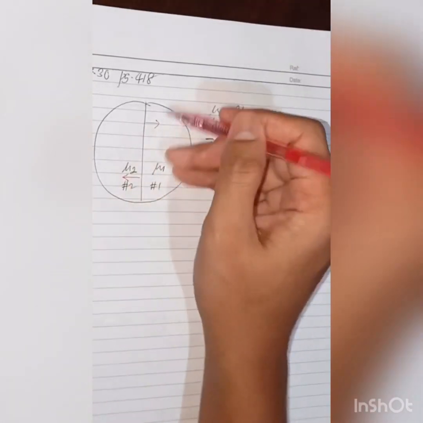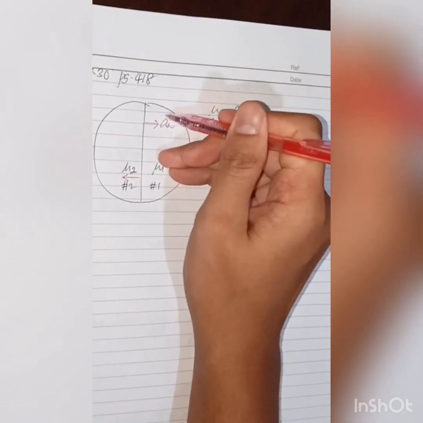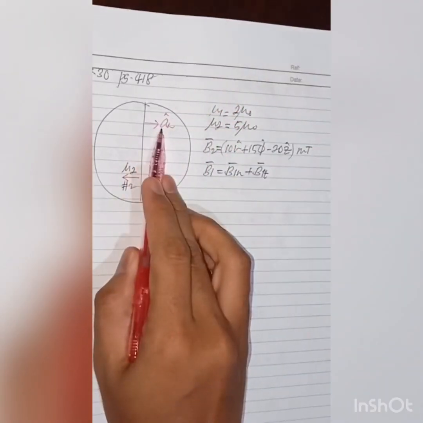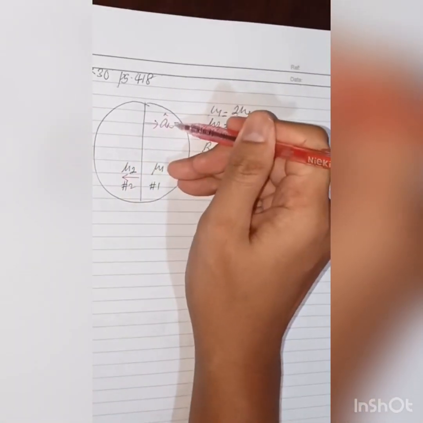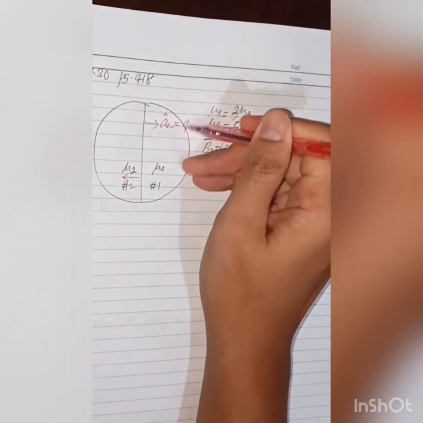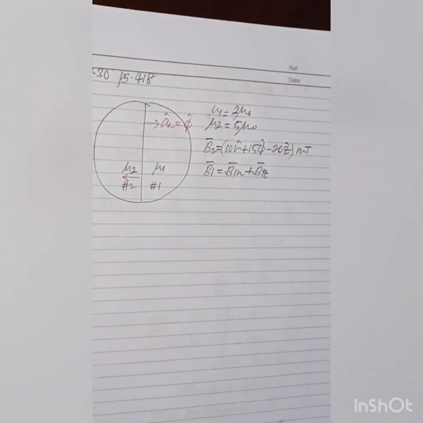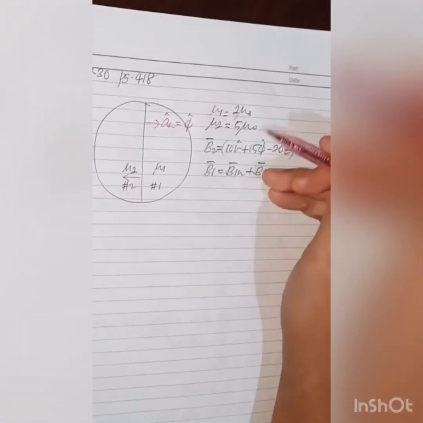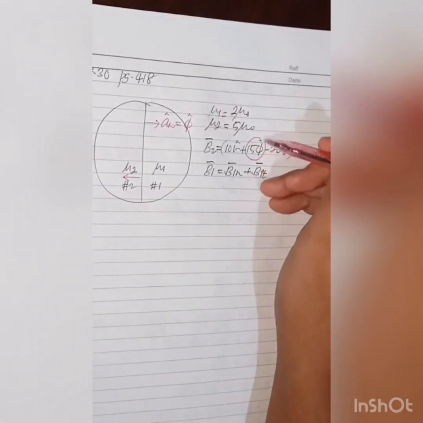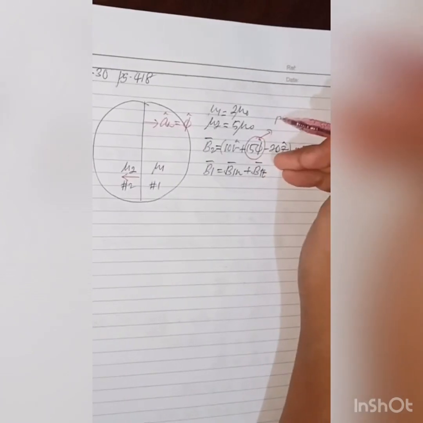Since the normal vector here goes in that direction, this an belongs to the phi component, so this is the B2 normal component.